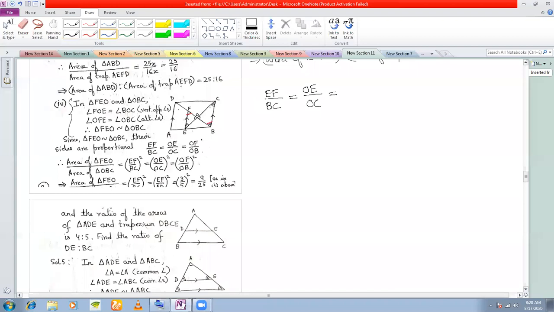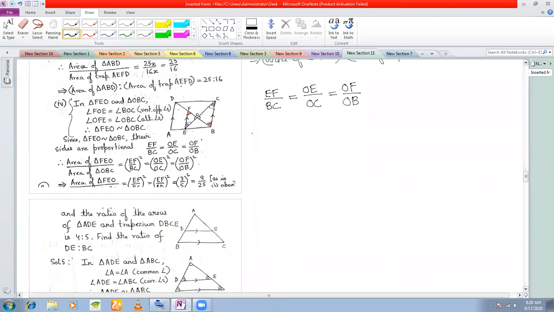And opposite to these two blue angles, you have the side OF by OB. So I've written the proportional sides.